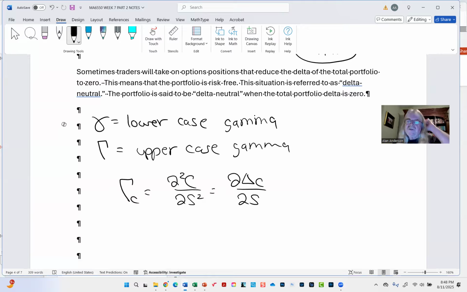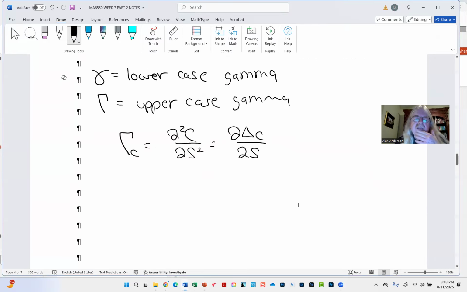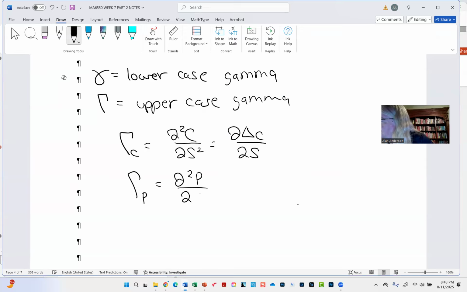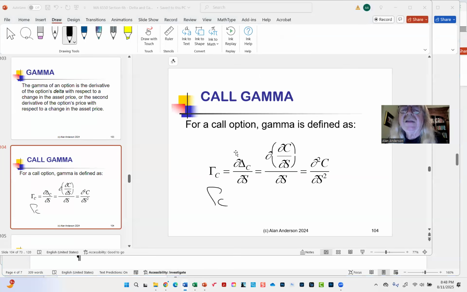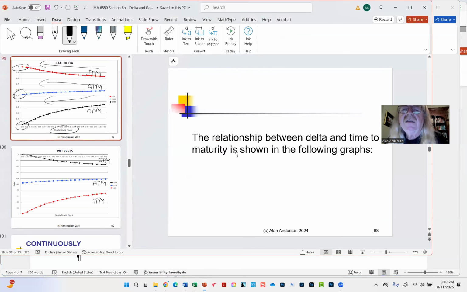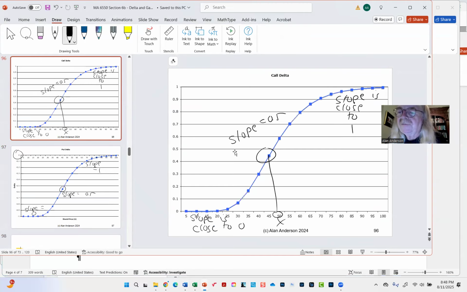Okay, so you can think of it as the second derivative of C with respect to S, or the first derivative of the delta call with respect to S. And then similarly, gamma for the put is defined in a similar way. Now, graphically, what you're looking at is the slopes of these two curves.